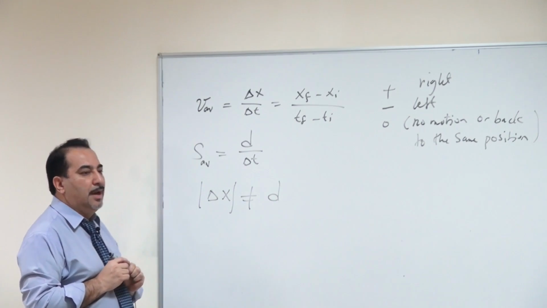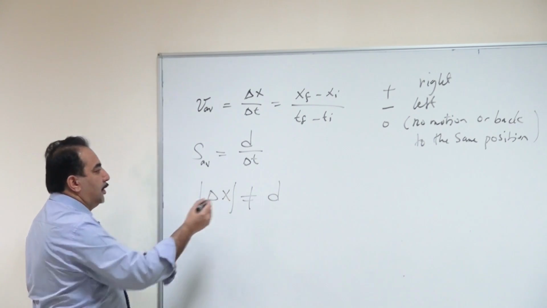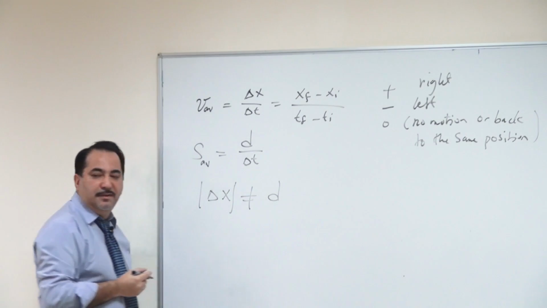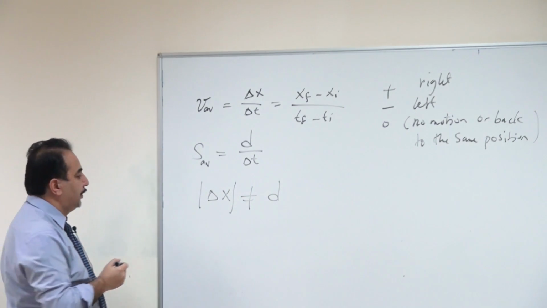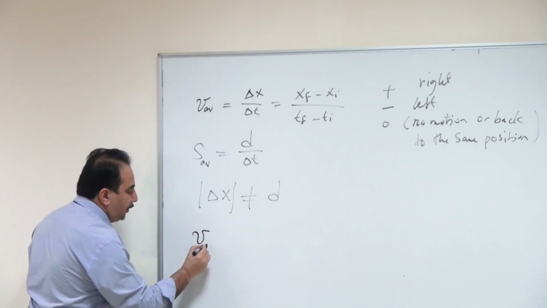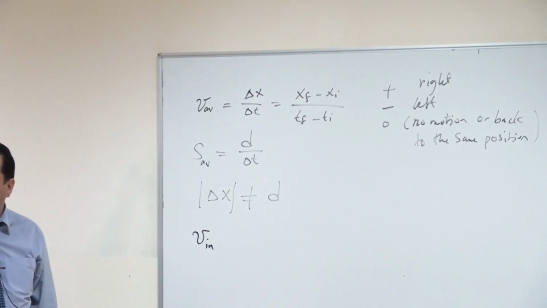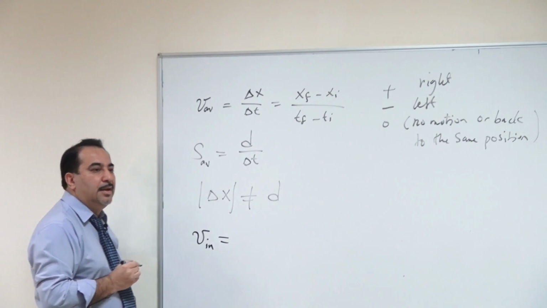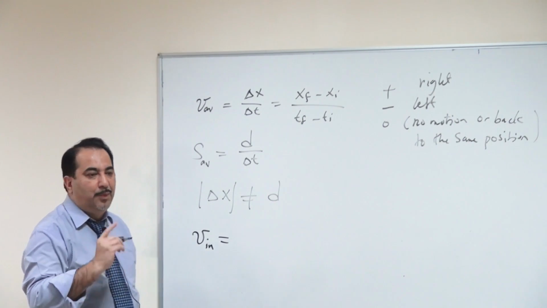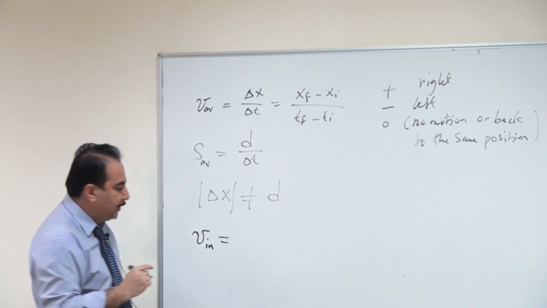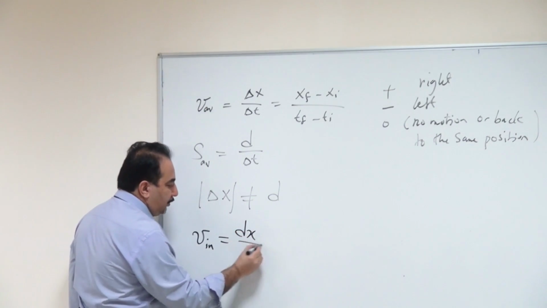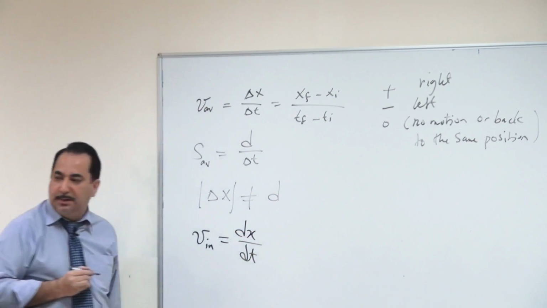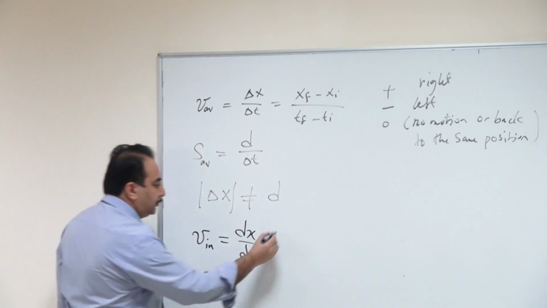Then we moved on and we talked about instantaneous velocity. And we said for instantaneous velocity, we need the derivative of the position function with time. So it's dx over dt, the derivative.